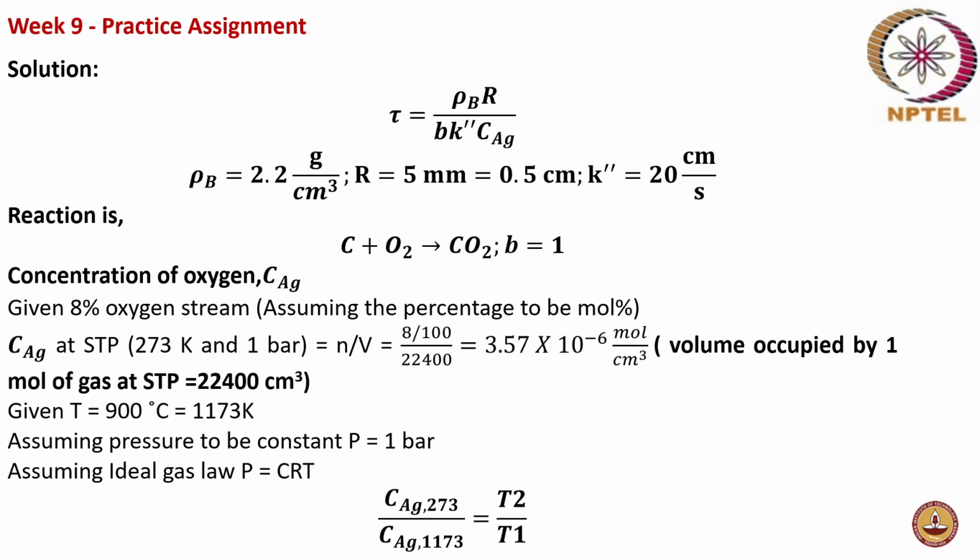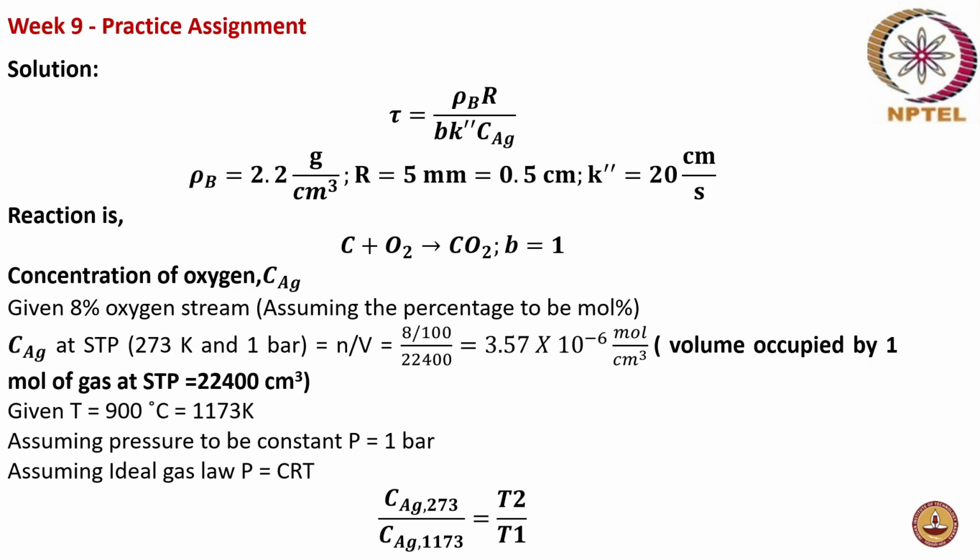So, rearranging this for conditions 1 and 2, the pressure is constant at 1 bar for both cases, and R is the universal gas constant. So the only varying parameters are concentration and temperature, and they vary inversely.